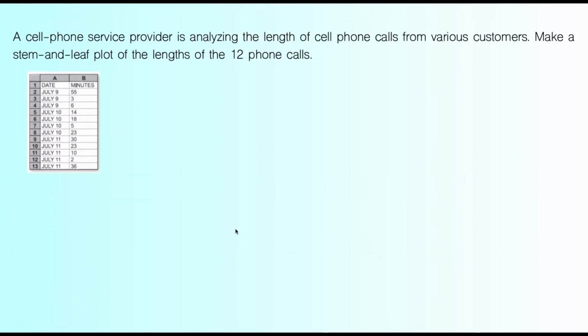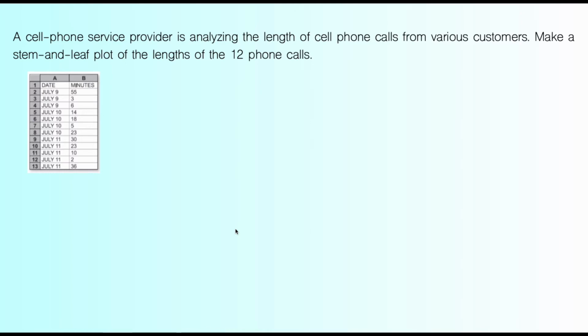So the example I created here, a non-sports example, was a cell phone service provider like Verizon or AT&T, for example, analyzing the length of cell phone calls from some of its customers.